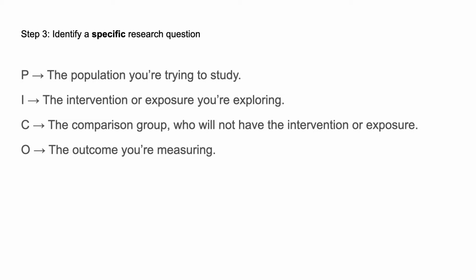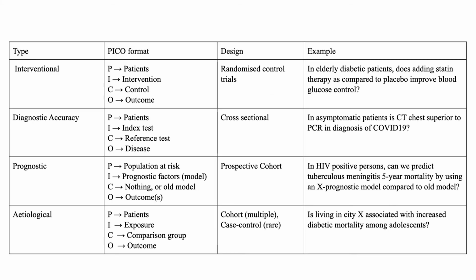Do you have some examples of these PICOs as research questions? Yes, we do have a few in the next slide. And of course, you need to keep in mind that the PICO will vary depending on the kind of study that you're trying to do. If your study is interventional, identifying the elements of the PICO is quite straightforward, as we have explained.